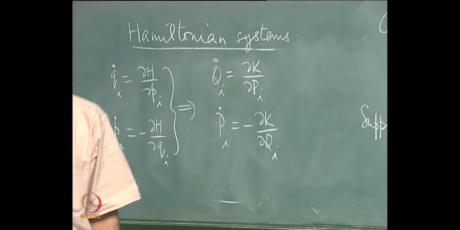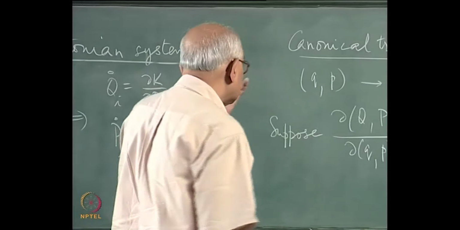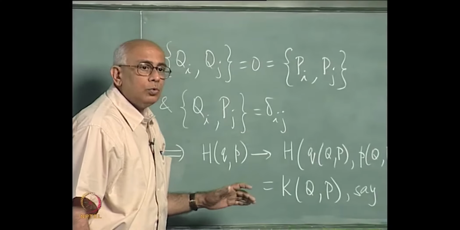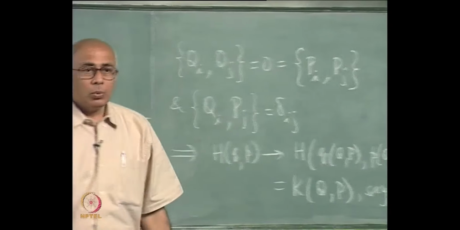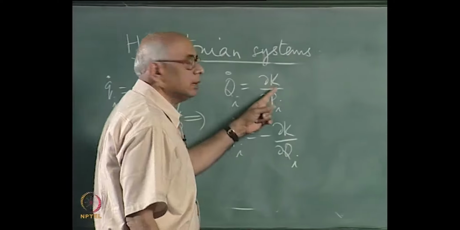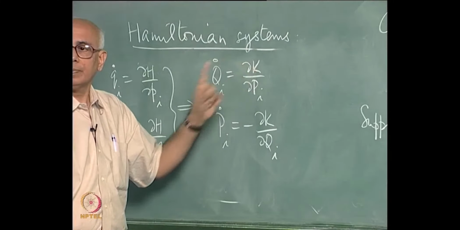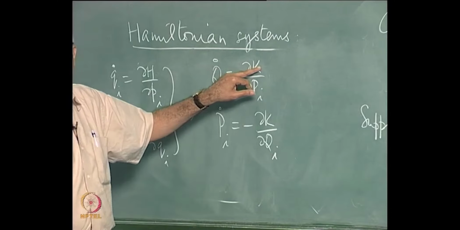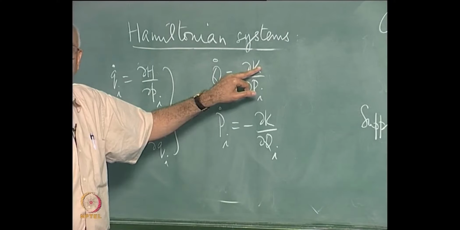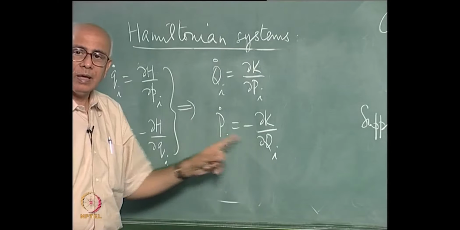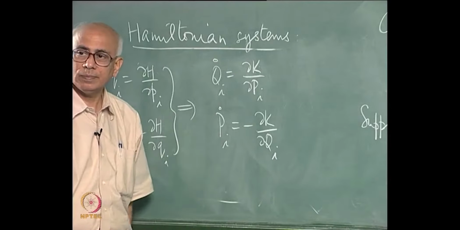Now you might ask, what is the use of this? Well, the answer is, it might turn out that you find a transformation of variables where some of the coordinates do not appear in this new Hamiltonian. If for example capital Q3 does not appear in K at all, it is not a function of capital Q3, then it immediately implies that P3 dot is 0 and therefore P3 is a constant of the motion.